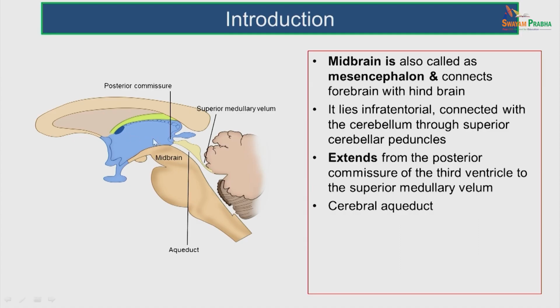It extends from the posterior commissure of the third ventricle to the superior medullary velum. The aqueduct connects the third ventricle with the fourth ventricle, and acts as a line of demarcation: anteriorly are the peduncles and posteriorly is the tectum.